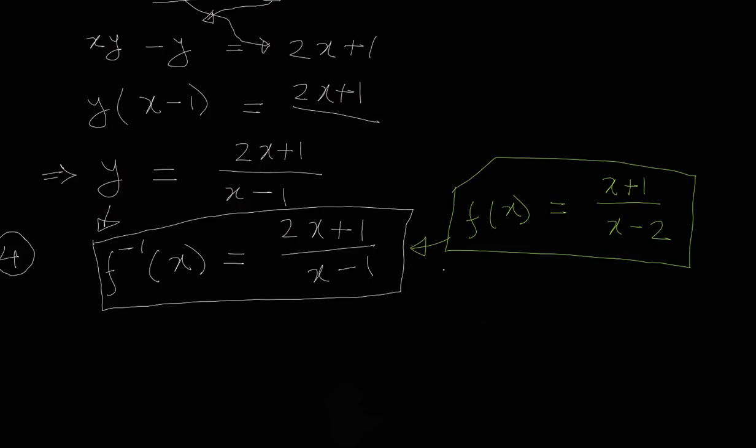Now another problem I want you to solve at home, and let me write down only the problem itself. Given the function f(x) equals 1 minus 2x over 1 plus x, please make sure at home you try to find the inverse function f inverse of x for this particular problem.